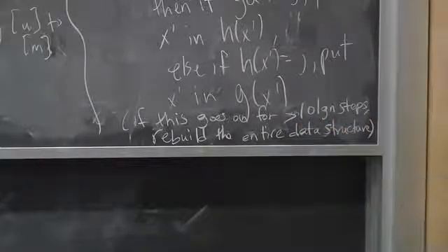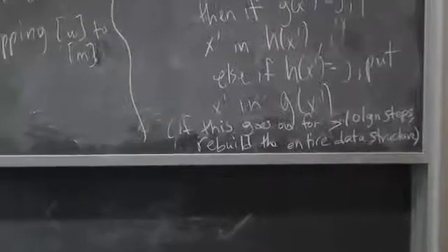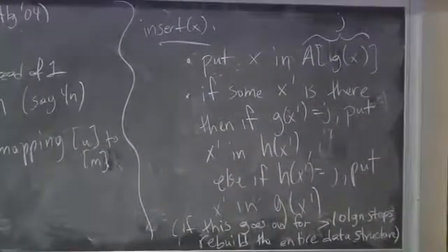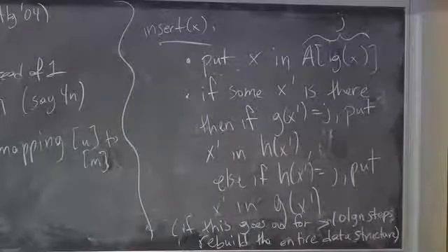So we'll go kicking people out of their place and moving them around. And if this chain went on for more than 10 log n steps, we'll say, you know what? I'm not feeling very confident about what's happening here. And I'll just pick a totally new h and g at random. Then I'll make a totally new hash table and try to reinsert everyone in there. And then that might loop again for more than 10 log n steps at some point. If so, I'll give up again. And I'll keep doing this until it works.